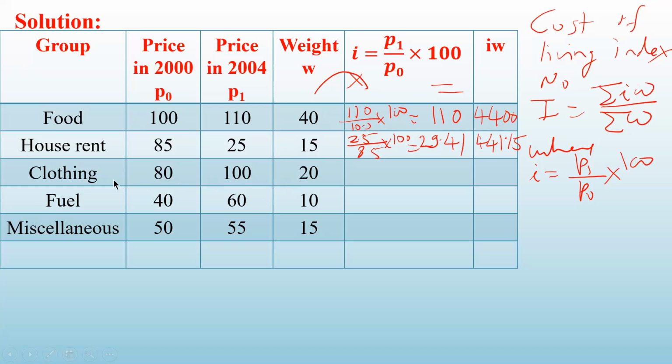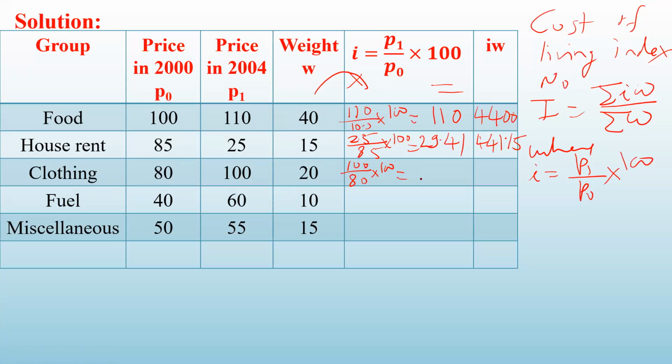Now the third one, clothing, the P1 is 100, P0 is 80, 100 upon 80 into 100. That gives you 125. And when you multiply it by weight 20, you will get 2,500. Okay. The next one, 60 upon 40 into 100.